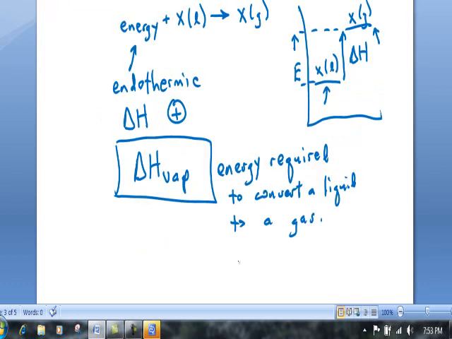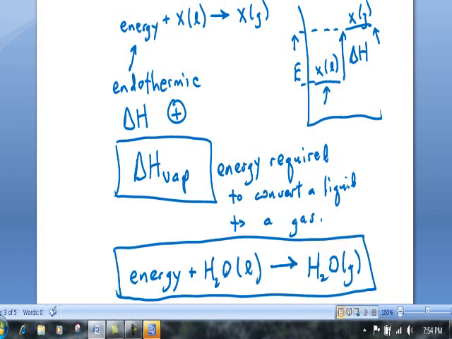The heat of vaporization, also known as delta H vap, is the energy required to convert a liquid to a gas, in the endothermic process of adding energy to a liquid to provide sufficient energy to overcome the attractive forces between molecules in the liquid, cause them to separate, and turn the liquid into a gas.